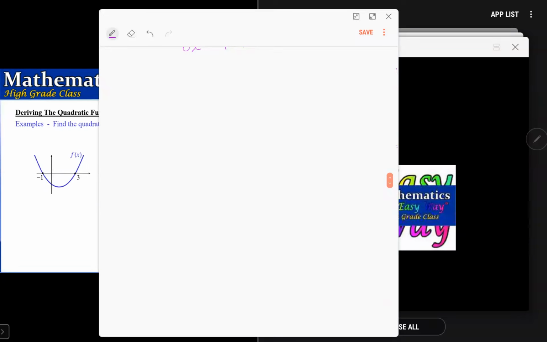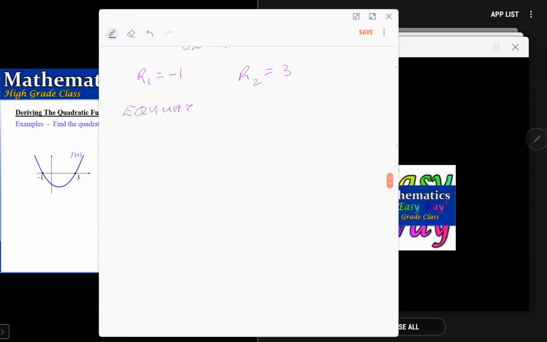So I want to do that one, right? F of x. So for f of x, let's do this question now. We're gonna do it two ways. So f of x, one root is -1, and the other root is 3. So remember, from the root, we go to the equation first. We're using the first method.